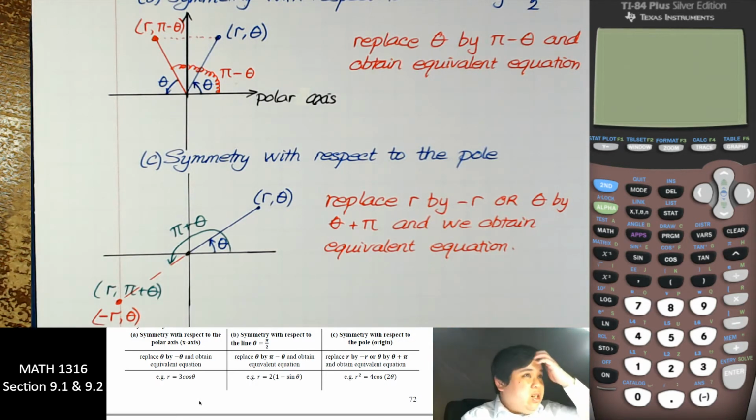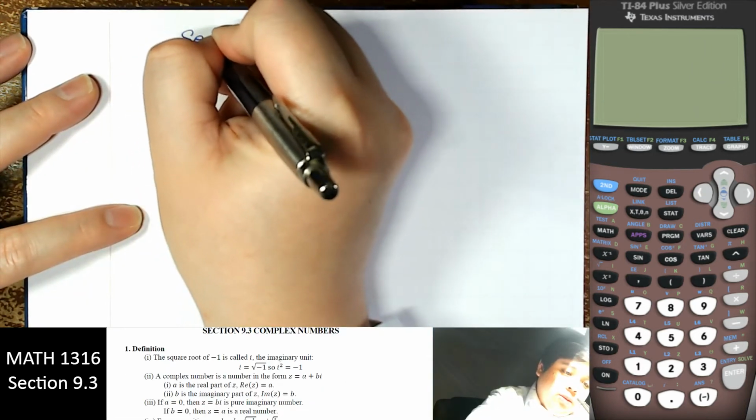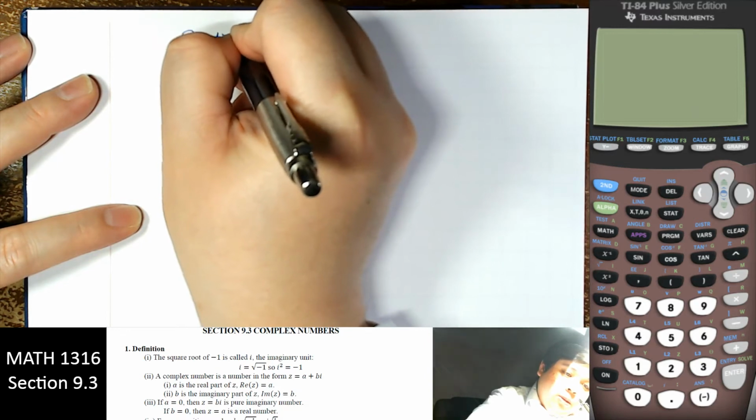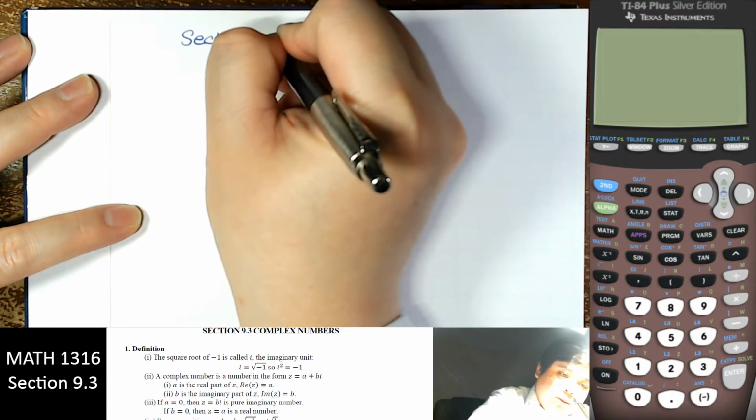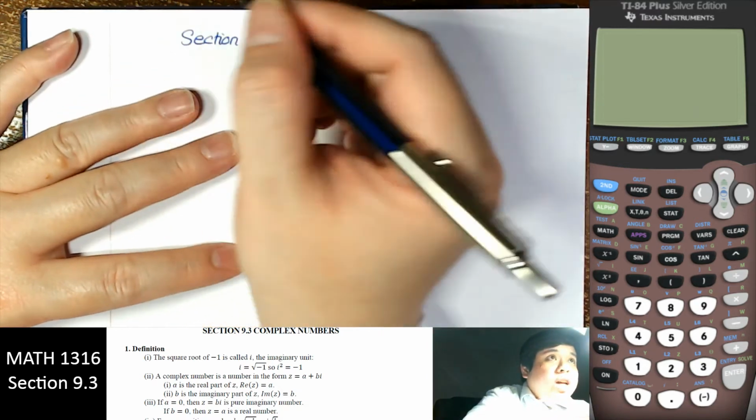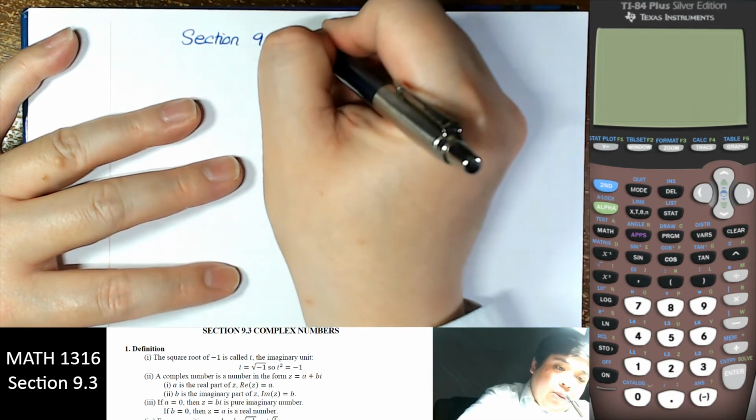So those are the three types of symmetry in polar coordinates, and that is the end of section 9.2. Now we go to section 9.3, complex numbers.